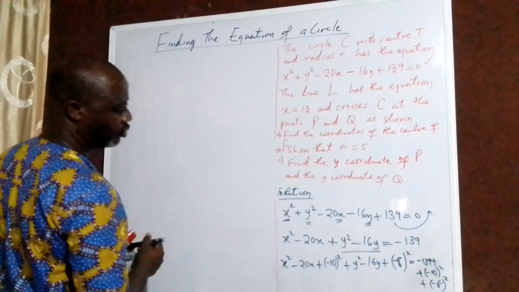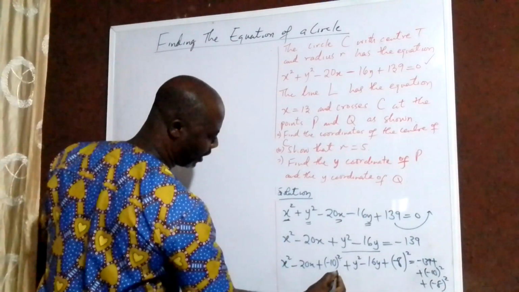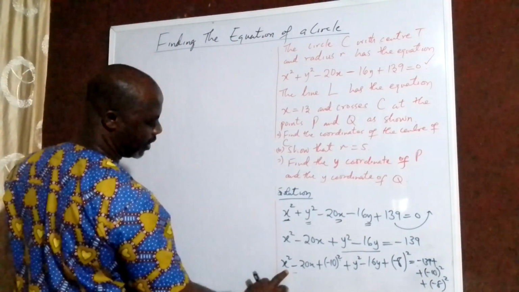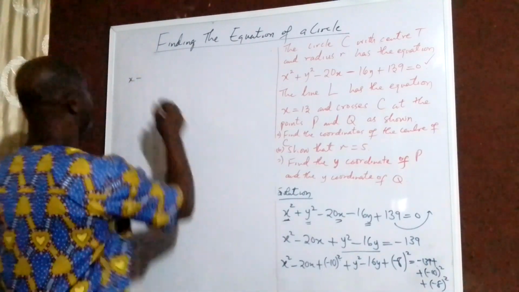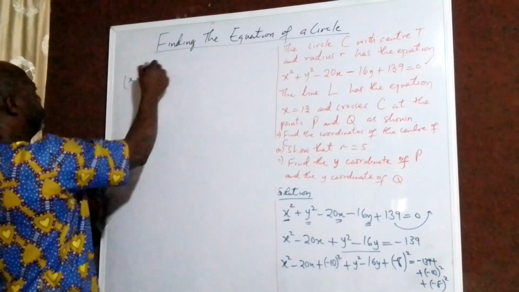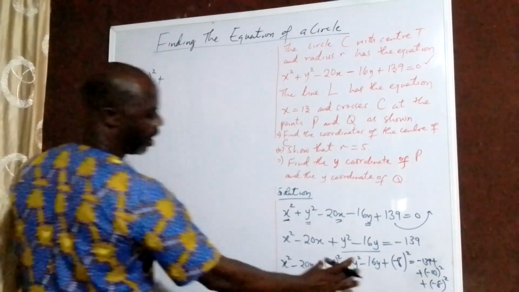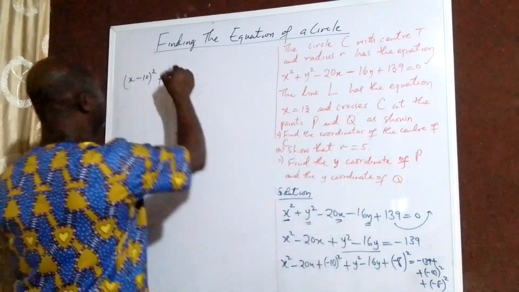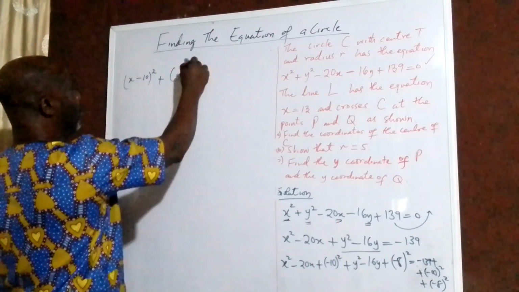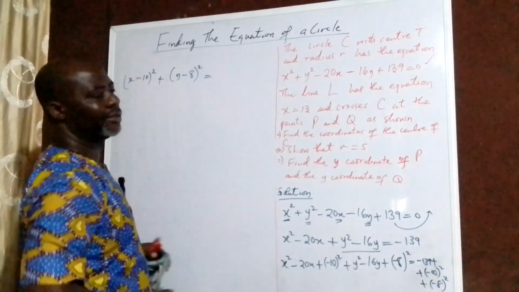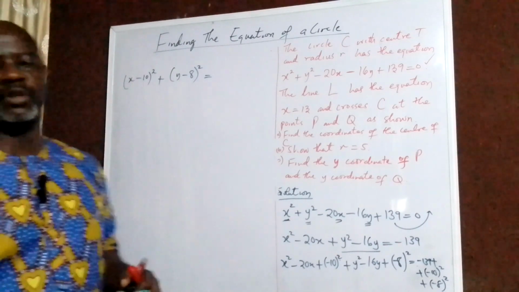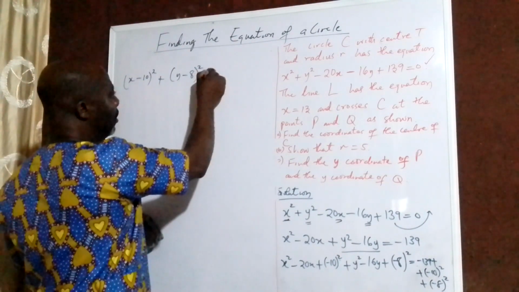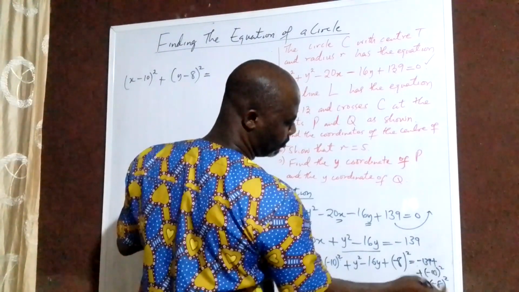So what I'm now going to do is factorize this to give me x minus 10 all squared plus, I will do the same thing here, y minus 8 all squared, so that it resembles the standard form of the equation of the circle, okay? And then of course, I'm going to have to simplify this.